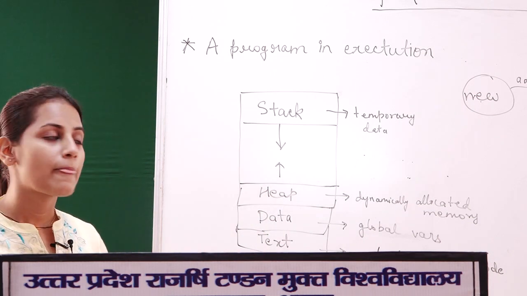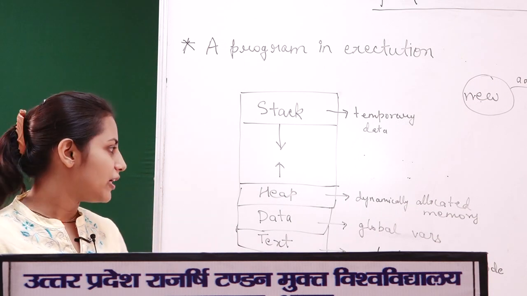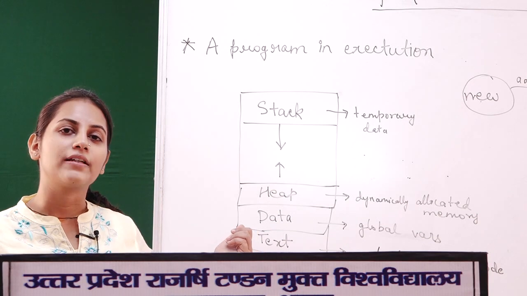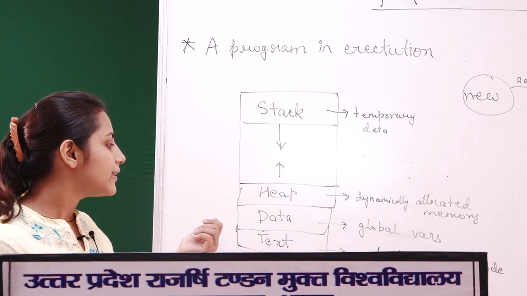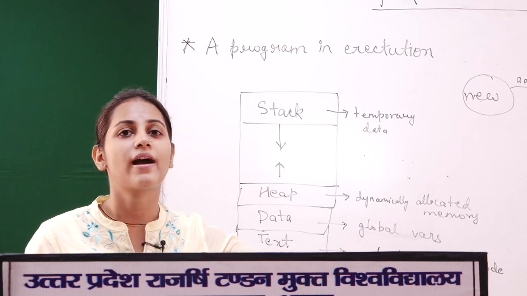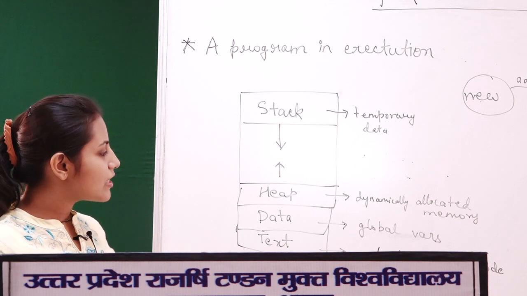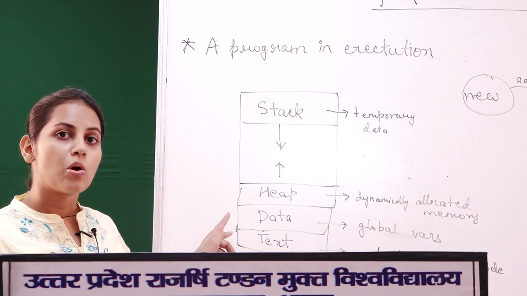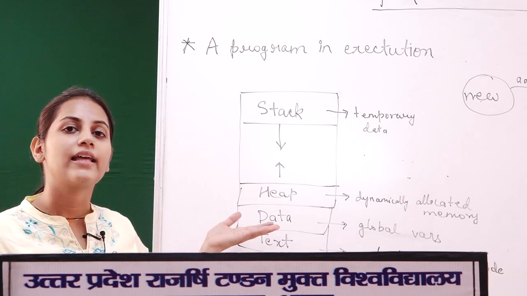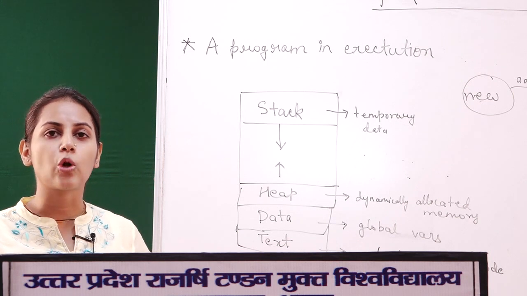Apart from this, the global variables of the process are stored in the memory. This part is known as the data section of the running process, and then comes the text part, which is the actual program code that you had written. So, your program just consists of this text part, while the process consists of this stack, heap and data that are again associated with the running process, but not with the program.